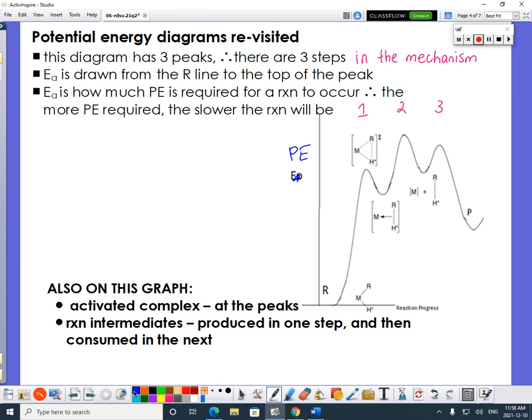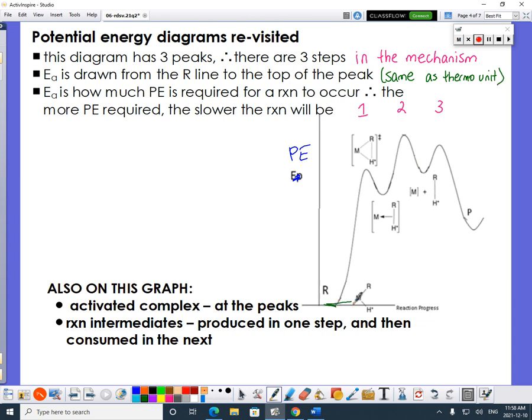One of the other things we did with the potential energy diagram was draw where the activation energy was. So I wrote what we did last unit. We're going to do the same thing we did in the thermo unit, but now, because we have 3 peaks, how many activation energies are there? 3.